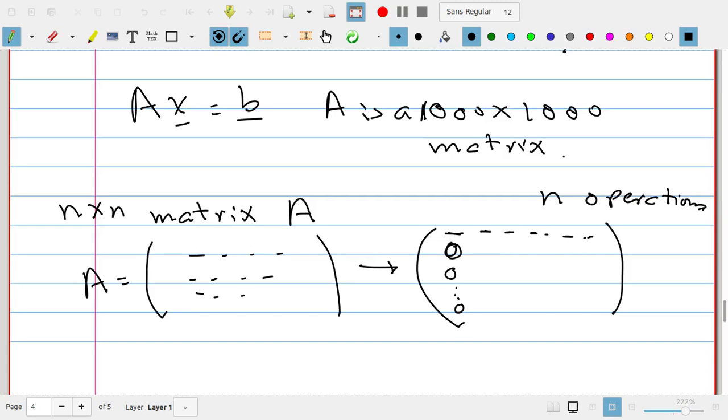And then you need to subtract from all the other rows. For example, subtract the first row from the second row, the third row and the fourth row.